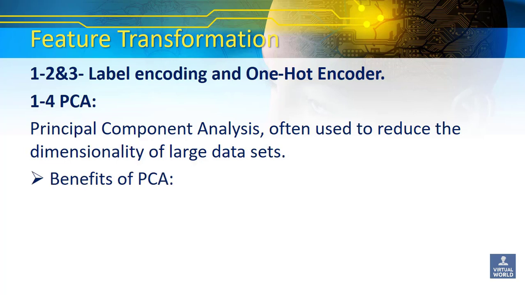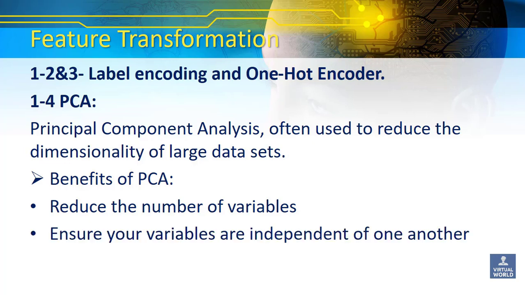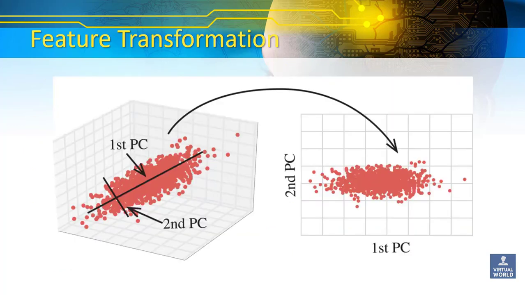Now, the benefits of PCA are: first, reduce the number of variables, which will speed up our machine learning model. Second, ensure that our variables are independent of one another. And finally, we use PCA for data visualization. We see in this example how PCA converted a 3D feature vector to a 2D feature vector.